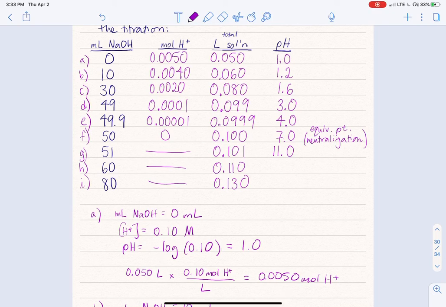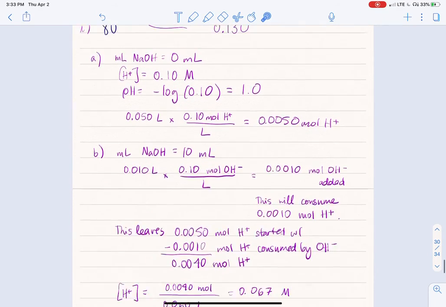I can do exactly analogous calculations for 60 milliliters and 80 milliliters of sodium hydroxide, resulting in 110 milliliters total and 130 milliliters total, respectively.